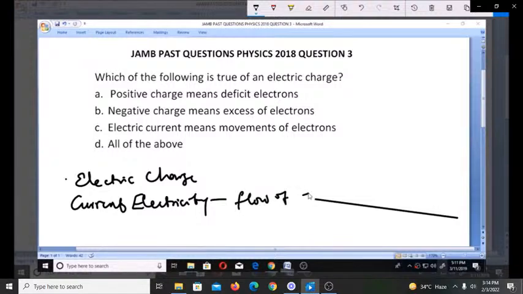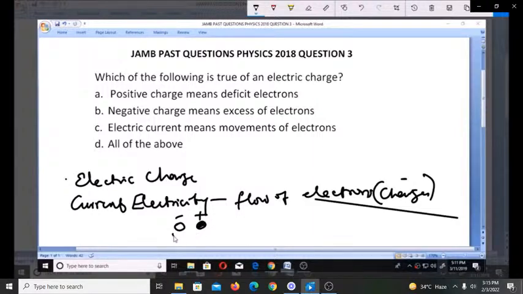And we also know that electrons are charged negatively. Now, in an atom we have electrons and we have protons. The electrons are negatively charged and the protons are positively charged.